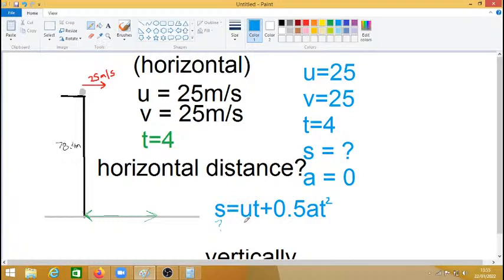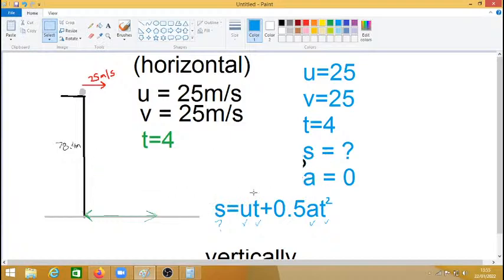U, the initial velocity, we do know. It's 25. Time we know is 4. 0.5 is fine. Acceleration is 0. And the time again is 4. So we know actually everything. So let's substitute that in. I'm going to need to make a bit of space here.